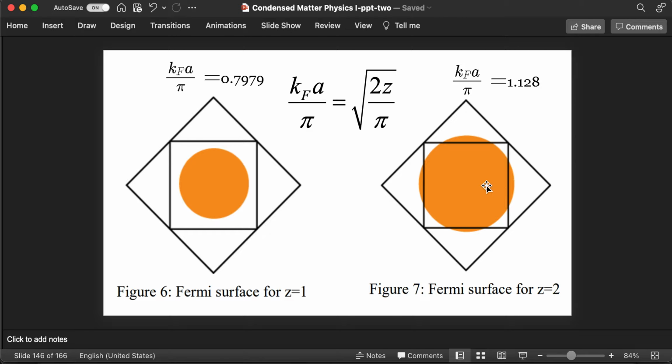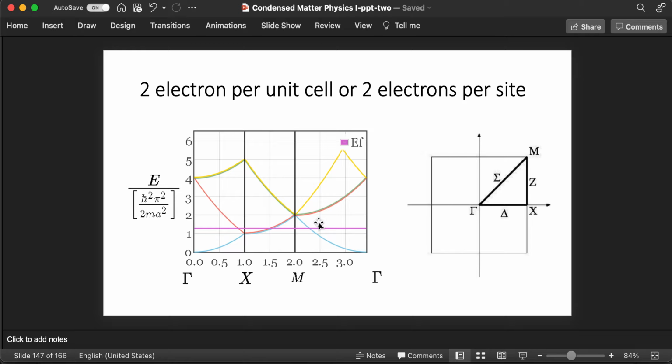If I start populating from k equal to 0 all the way up to Kf, you can see this region will get populated first. There will be this small section that will be empty, but these regions will get populated first, because the Kf from the center to just outside this boundary is smaller than this diagonal.